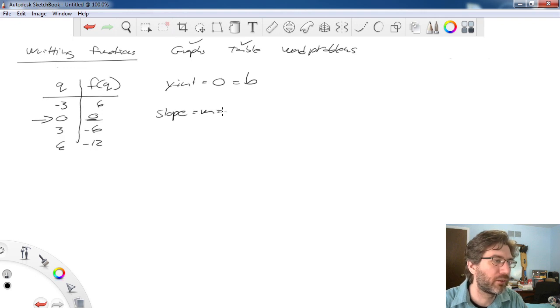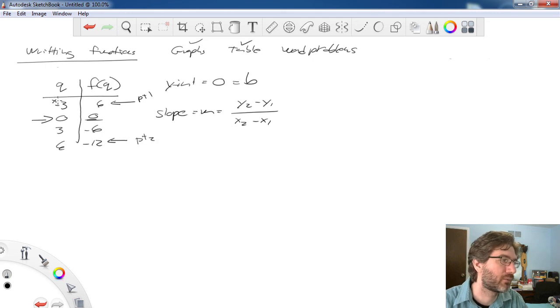To get your slope, or your m value, remember that is y2 minus y1 over x2 minus x1. So we're going to take any 2 points you want. It does not matter. Let's take this point and this point. Let's call this point 1 and this point 2, so this would be x1, y1, x2, y2.